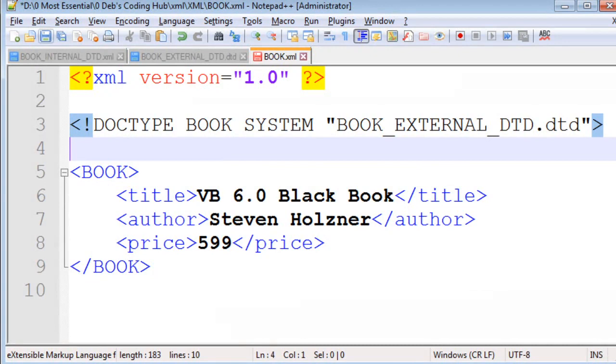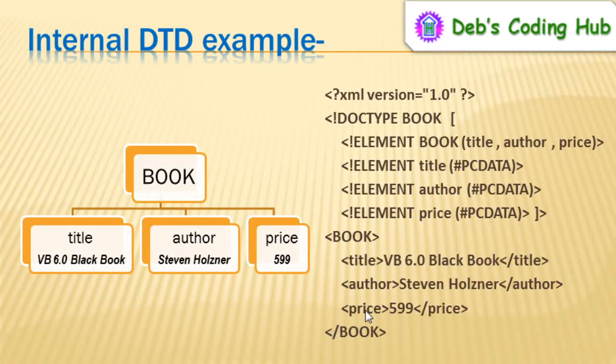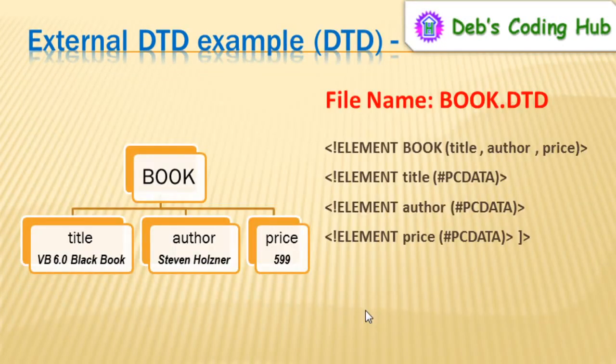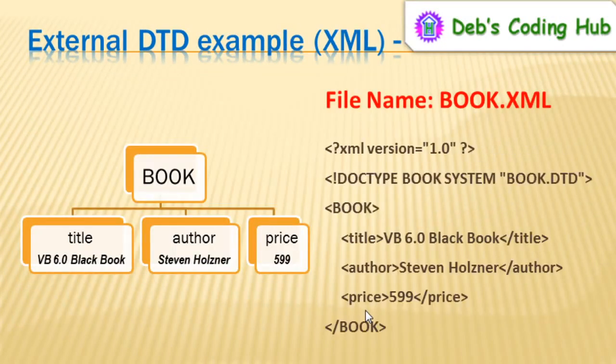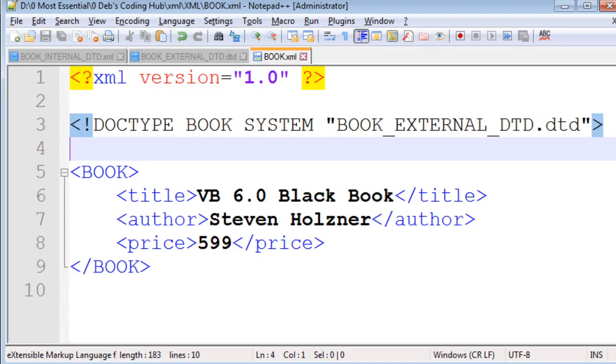Now let me save and come back to the XML file we have written. In our case, this is not book.dtd. In our case, I have named it separately. As you can see, it is named book_external_dtd.dtd. I have used this name.